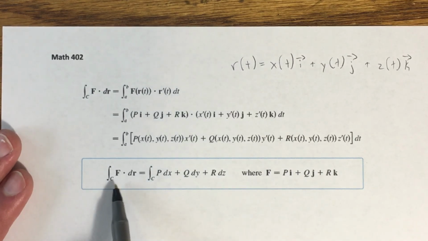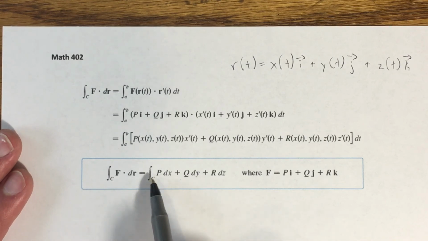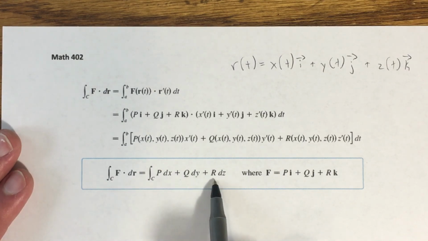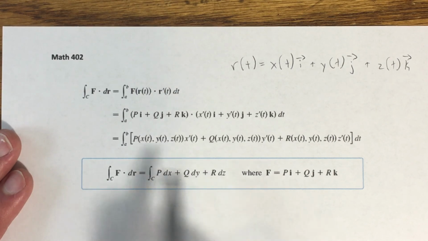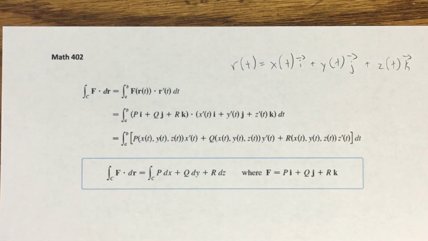And this shows that the line integral of f dot dr over the curve C is equal to the line integral over C of P dx, Q dy, R dz, where each of these is a multivariable function that show up as components in this vector field. That's what this is saying right here. Okay, so that connection is going to be really, really important in the work that we do in later sections, but that's going to wrap up 16.2.